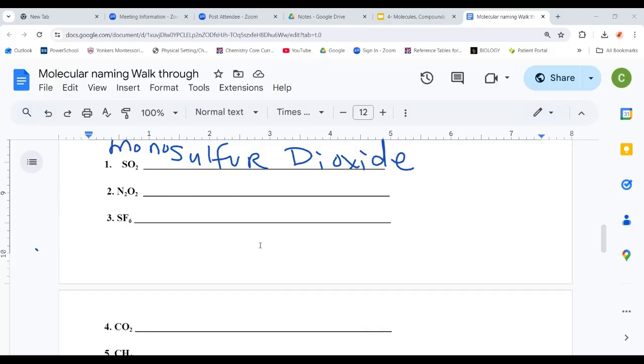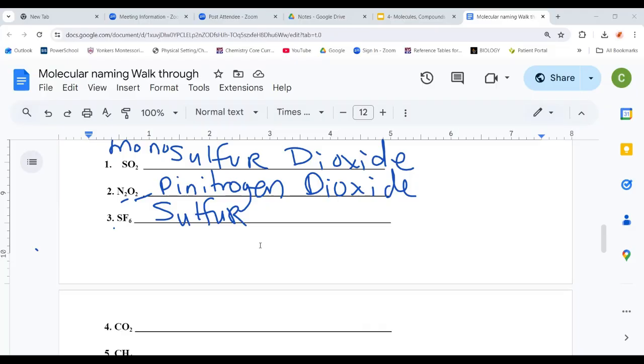So I'm going to run through the rest of them. This is dinitrogen, 2 nitrogen, and I'm reading that from the subscript. Dioxide. Again, I'm reading that from the subscript. Okay. Sulfur, I have 1. I could put monosulfur. I'm just going to put sulfur. I'm allowed to drop it, especially on the first one.